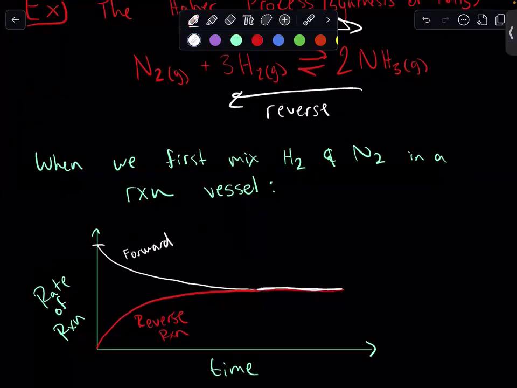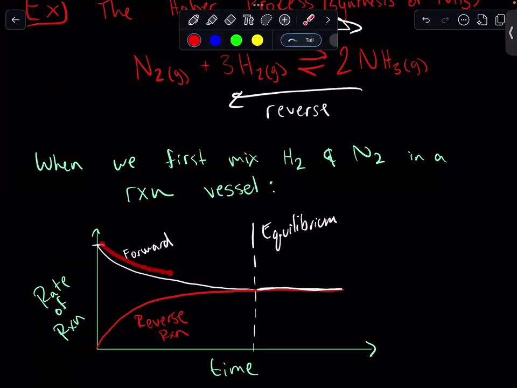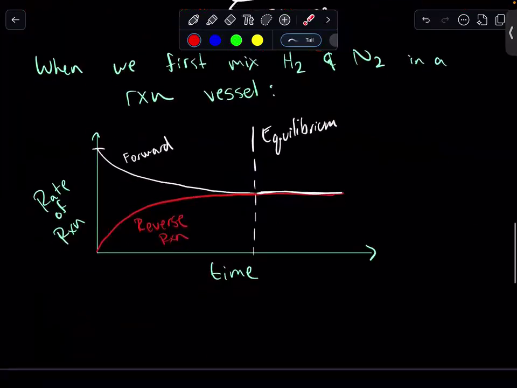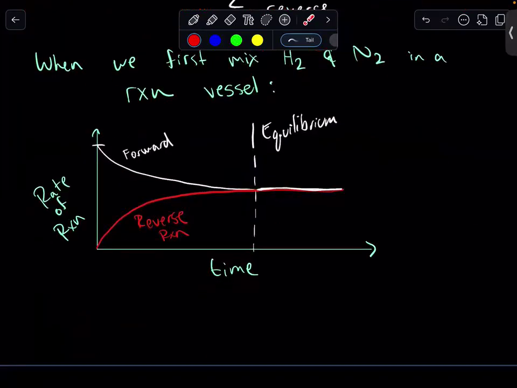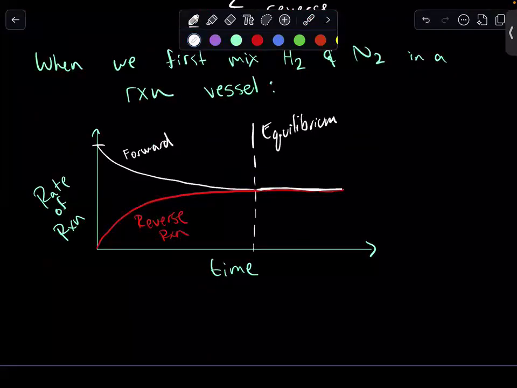These reaction rates, as they approach the same value, that is when we reach equilibrium. So that means our production of ammonia eventually becomes the same rate as the production of hydrogen and nitrogen from the decomposition of ammonia. So this is what it means to be in equilibrium.